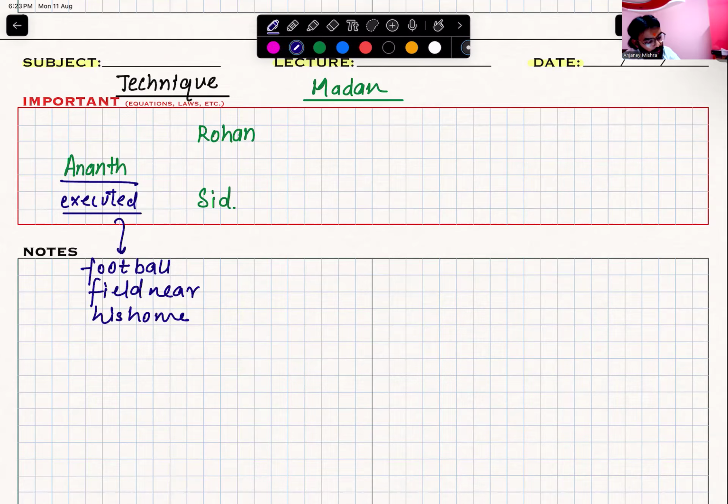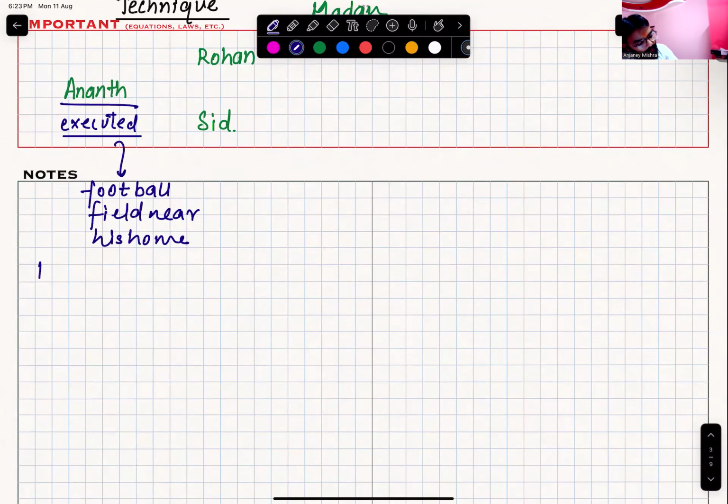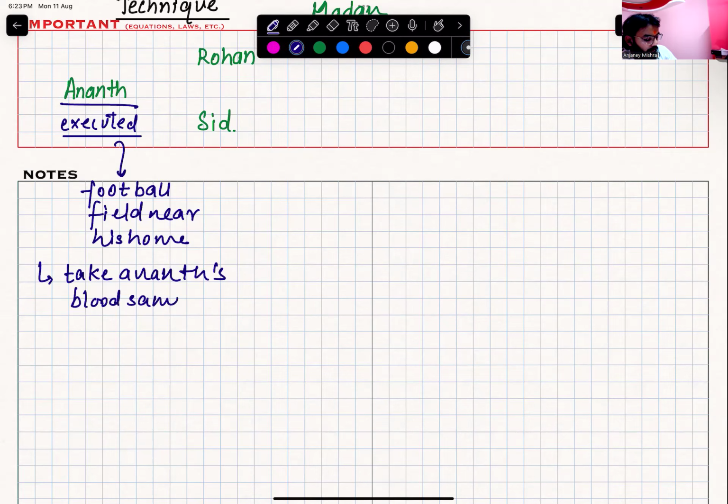When Madan reaches the dead body, the first thing Madan says is to take Anand's blood sample and send it for DNA profiling.